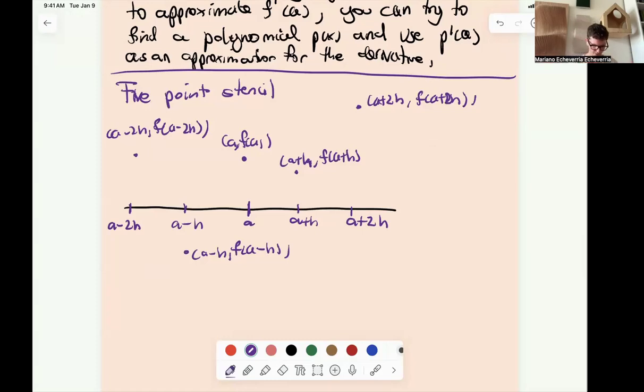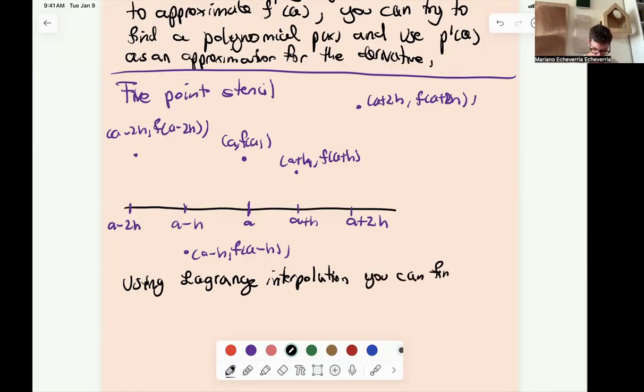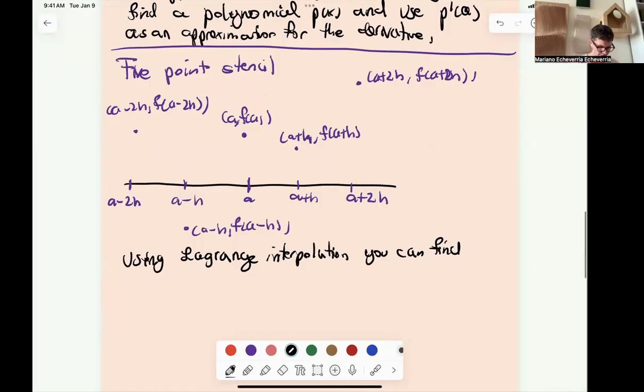But using the Lagrange interpolation, you can find a polynomial of degree 4 passing through these 5 points.